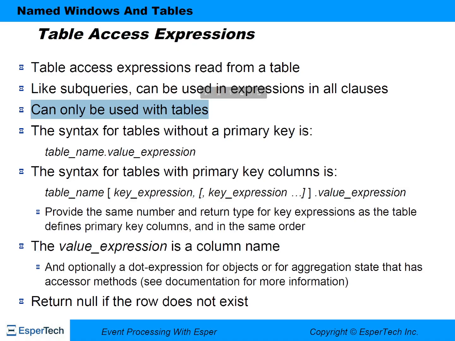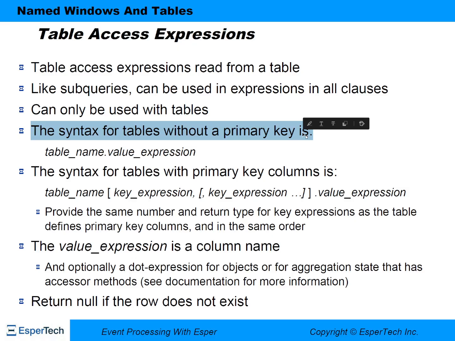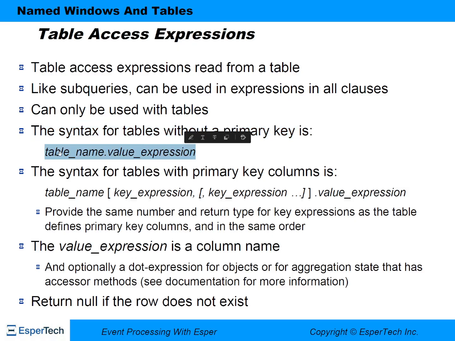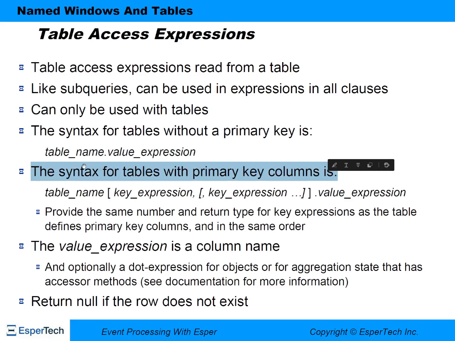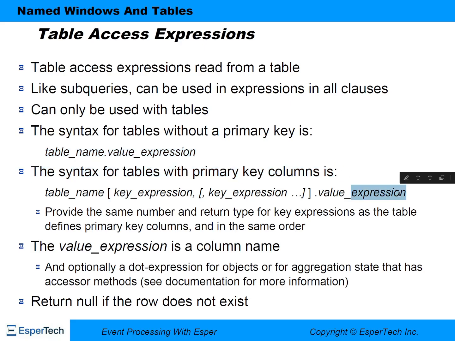The syntax for tables without a primary key is table name dot value expression. The syntax for tables with primary key columns is table name, brackets, key expression, comma, key expression and so on, dot value expression.